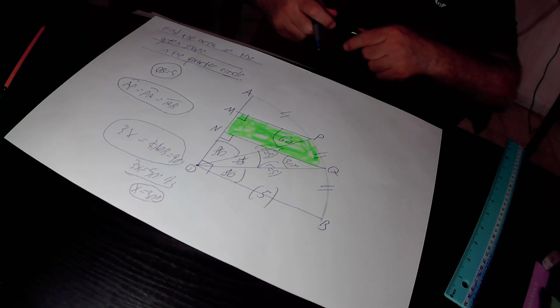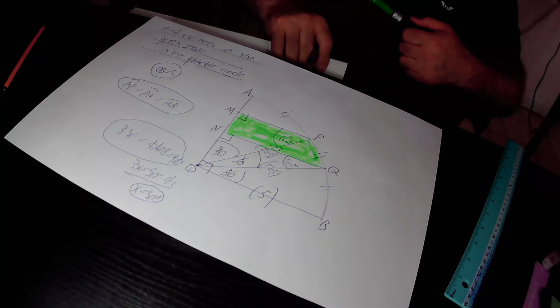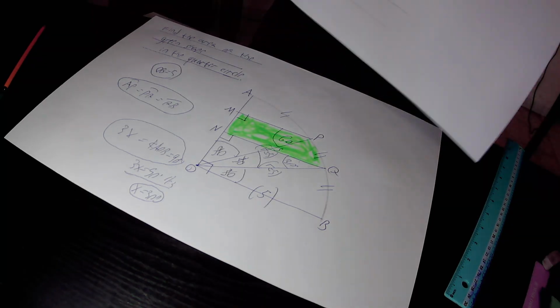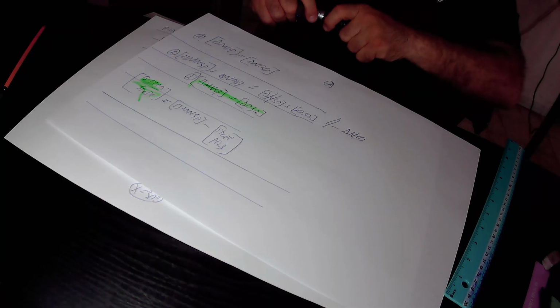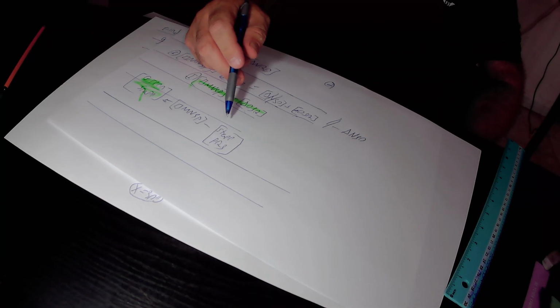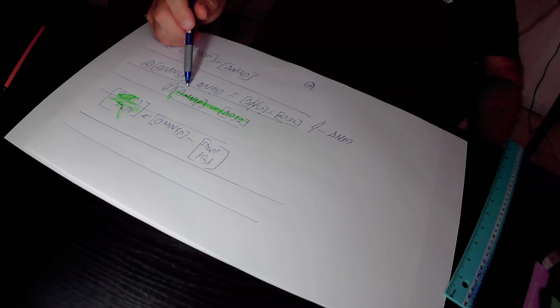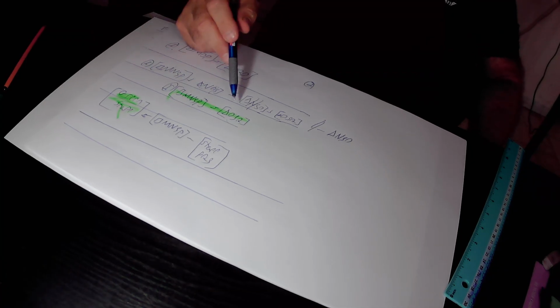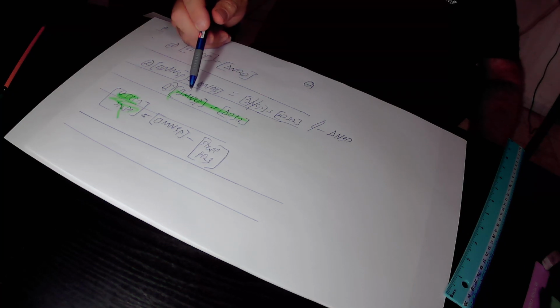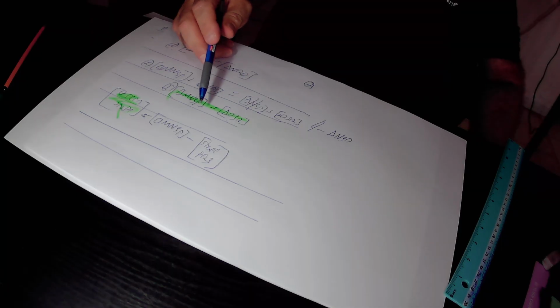Again, we found out that the area of this green shape in total is equal to the area of the green quadrangle MNSP plus the area of the small shape PQS. But we already found out that the area of quadrangle MNSP equals the area of triangle OSQ, therefore we can substitute the area of quadrilateral MNSP by the area of triangle OSQ because they are equal to each other.